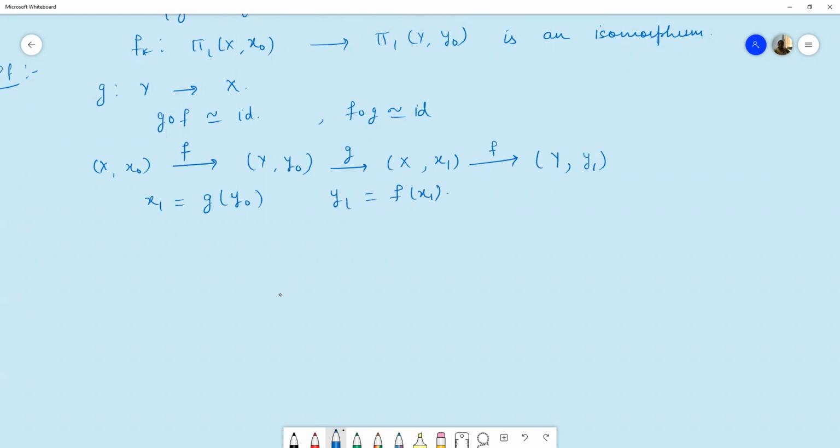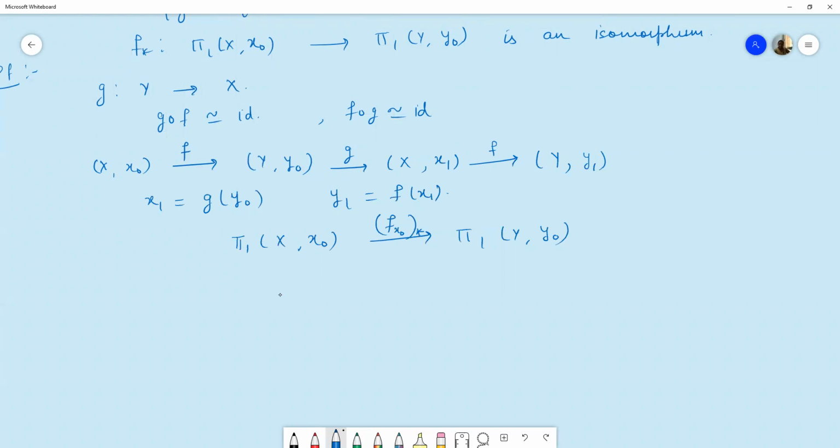Correspondingly to these three continuous maps, we have these induced homomorphisms. One is from pi 1 (X, x0) to pi 1 (Y, y0). This is our F star. Now we will call this mapping F_x0 star, because we consider two different mappings F: one F is from (X, x0) to (Y, y0), and the other is from (X, x1) to (Y, y1).